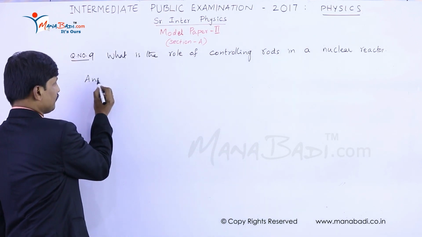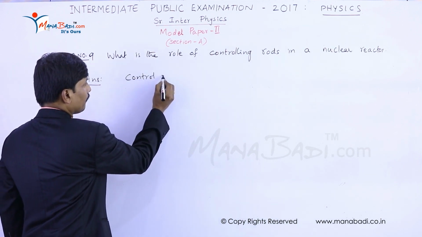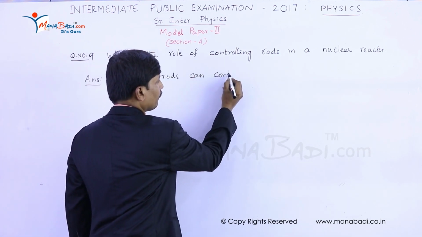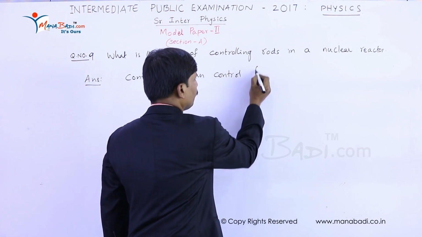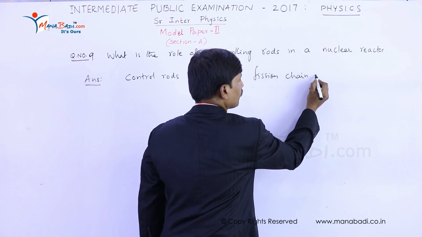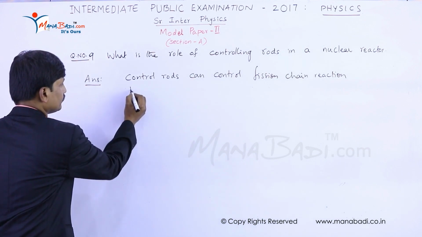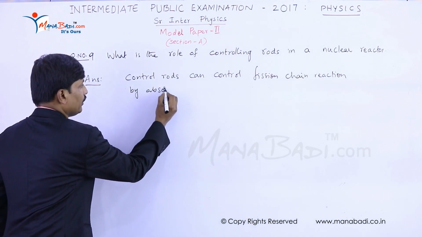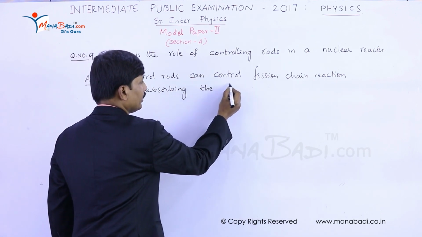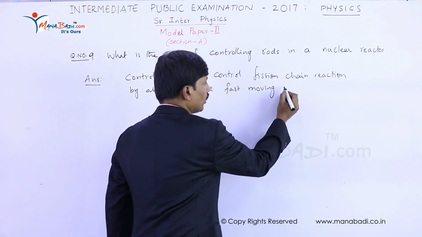Answer is, control rods can control fission chain reaction by absorbing the fast moving neutrons.